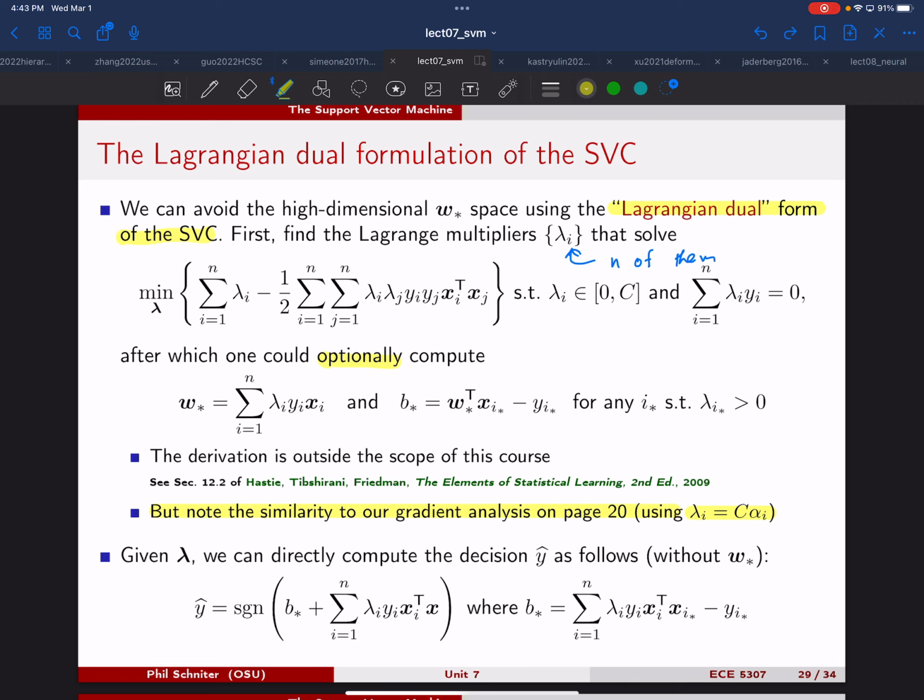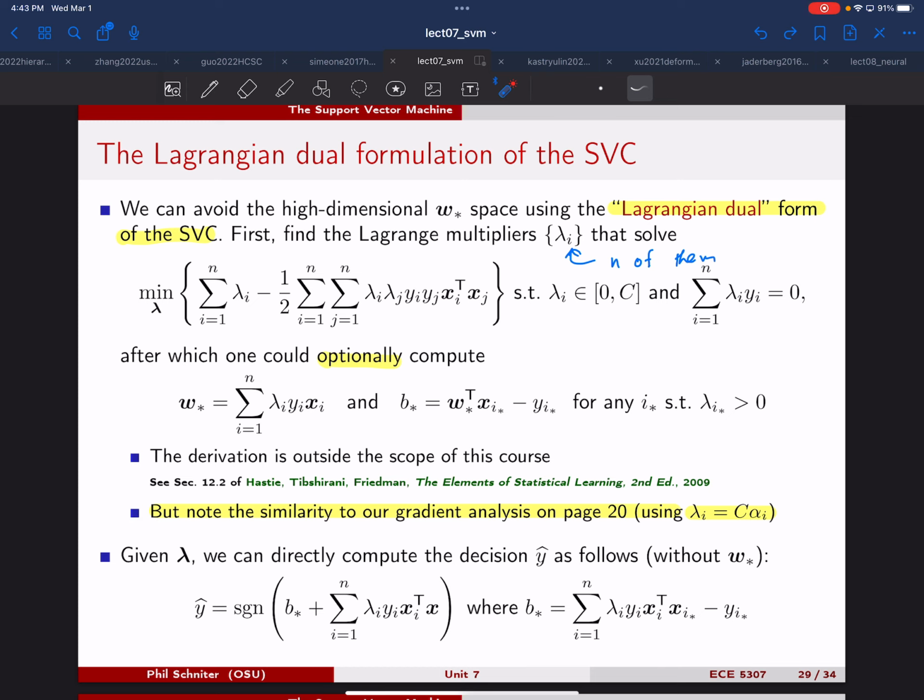And once you know them, you can use them to do prediction. You compute this B star, which is like a bias term. And then you compute this stuff, and you get your prediction. So this is your test vector x. This is your predicted sample y. So the point is, you can train the lambdas, and then you can apply them. And you really never need to deal with the weight vectors w, which grow with the dimension d.